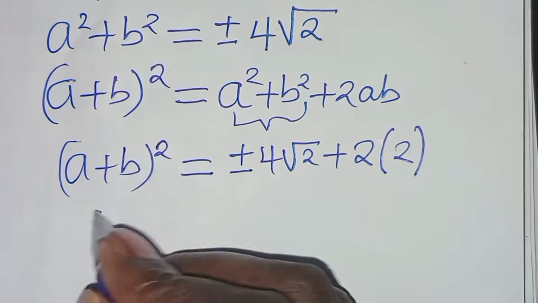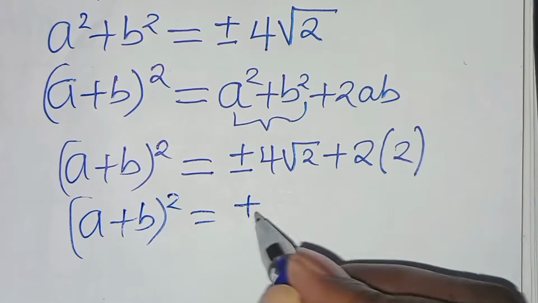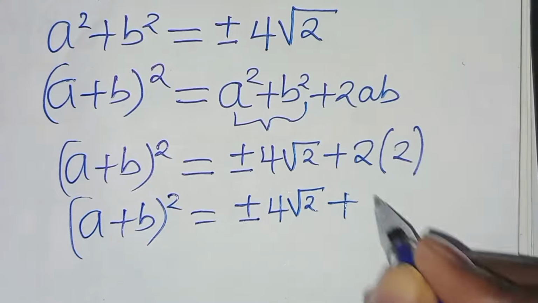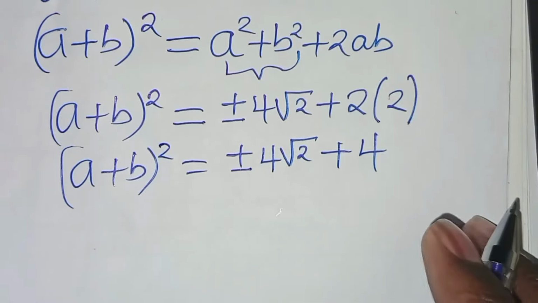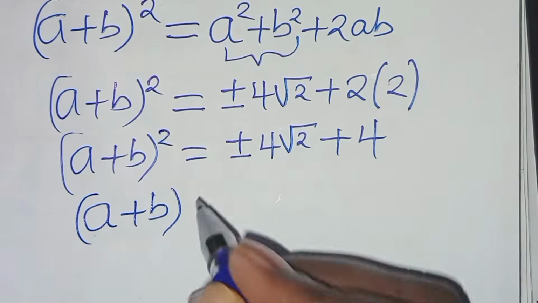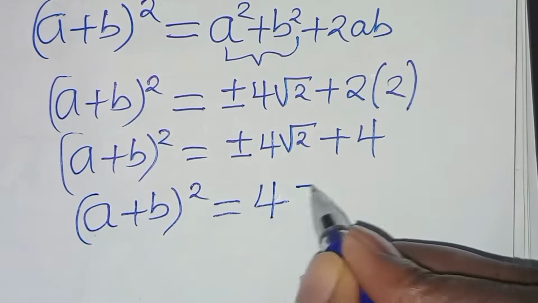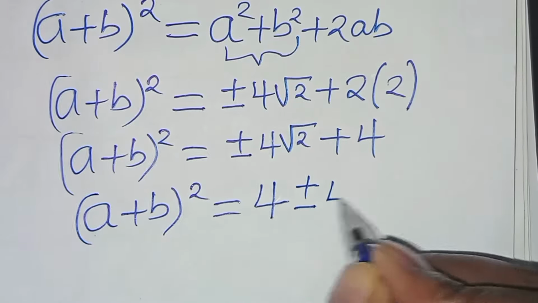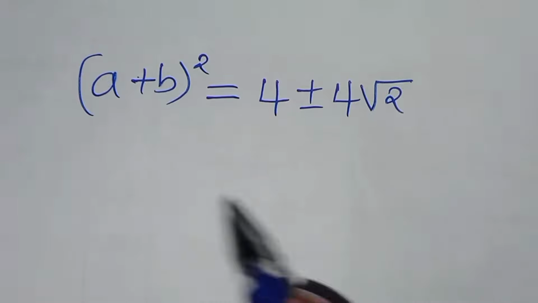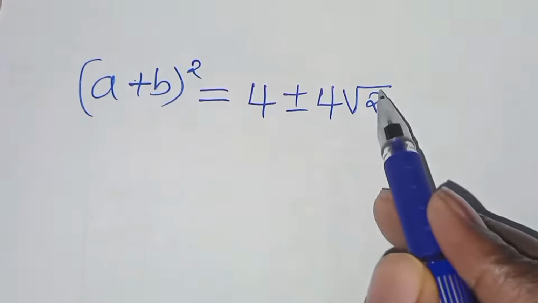So therefore, we have (a + b)² equal to plus or minus 4 square root of 2, then plus 4, which we can express as 4 plus or minus 4 square root of 2.